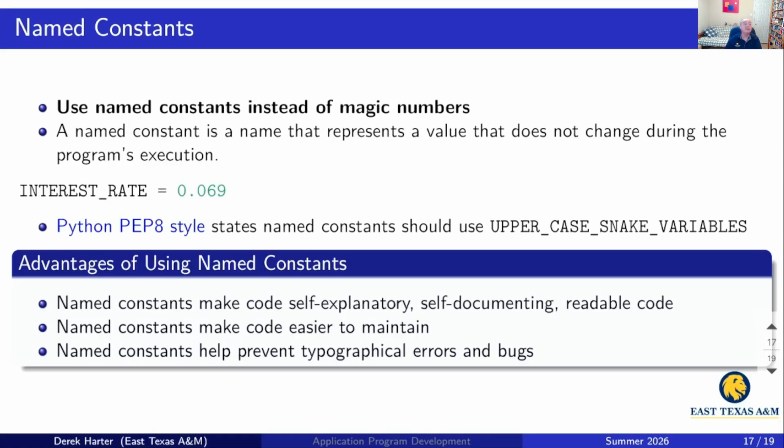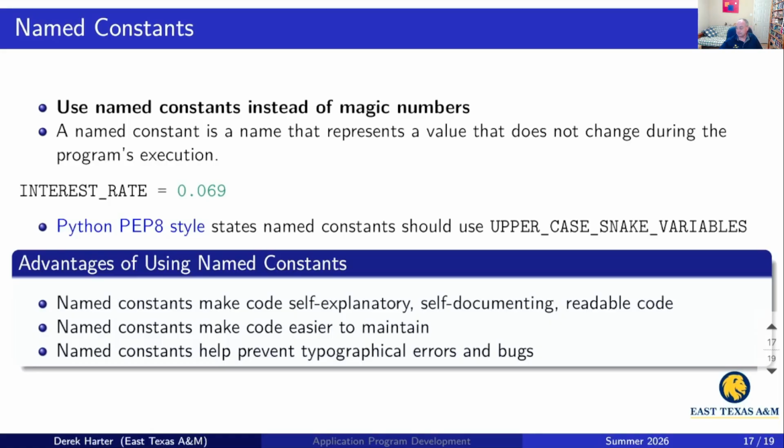All uppercase letters usually indicate, by most people's Python style, and other high-level programming languages use the same style, that this is supposed to be a constant value. So these make code more self-explanatory, better self-documenting, and easier to maintain. If I have to change the interest rate, I can just change it in one place, and that should update it everywhere else.